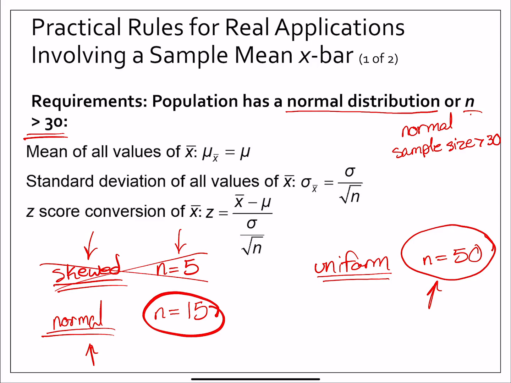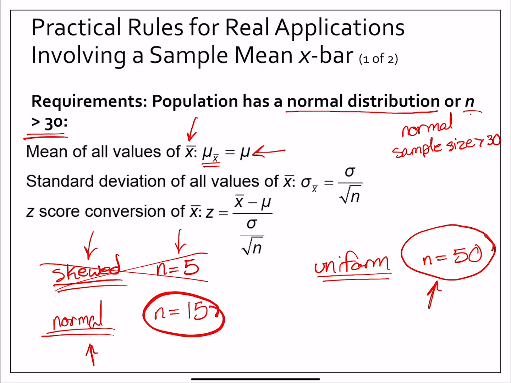Now, moving on, when we find the mean of all of our sample means, that is going to equal mu. And the standard deviation of all of our sample means is a little different.